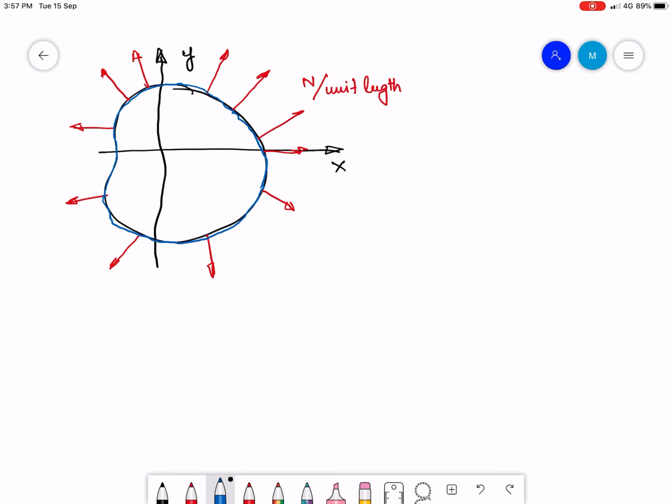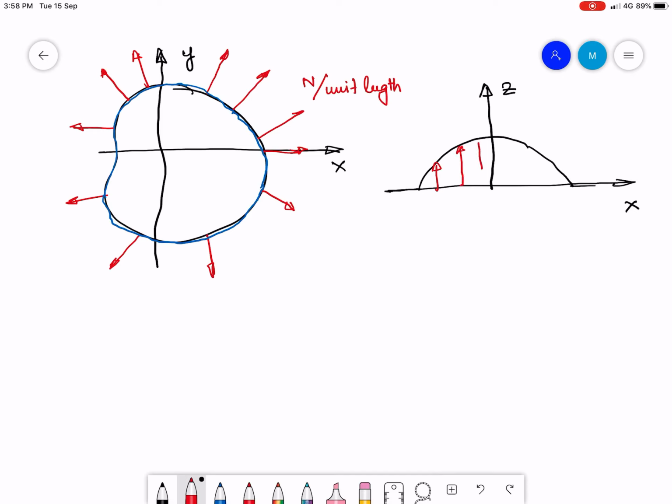Now, and then the other thing is that the uniform lateral pressure, this is x, this is z, and this is Q per area.